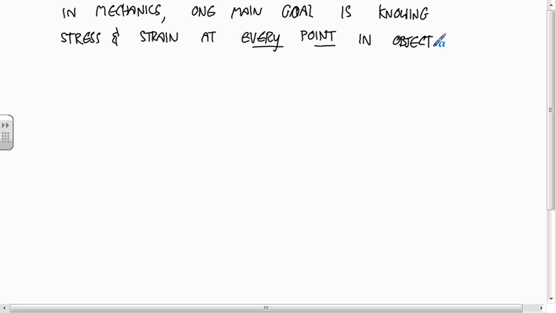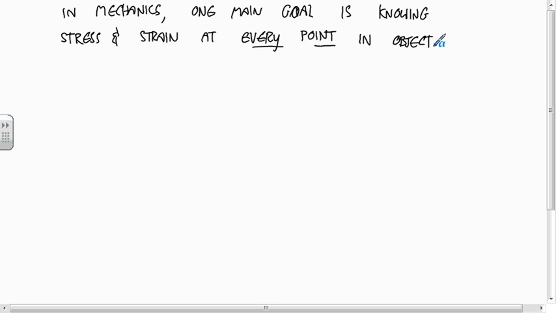Okay, so in some simple cases, every point in an object can have the same stress and strain. But generally speaking, you're talking about figuring something out for just a single infinitesimal point. And you need to come up with functions that represent the changes as you go through the object.